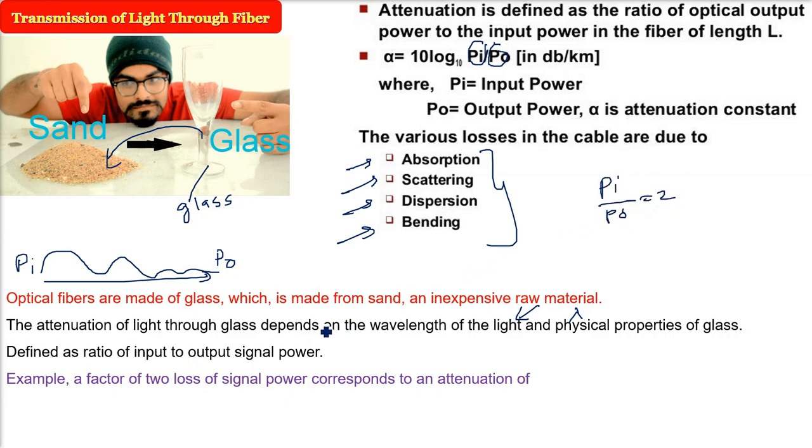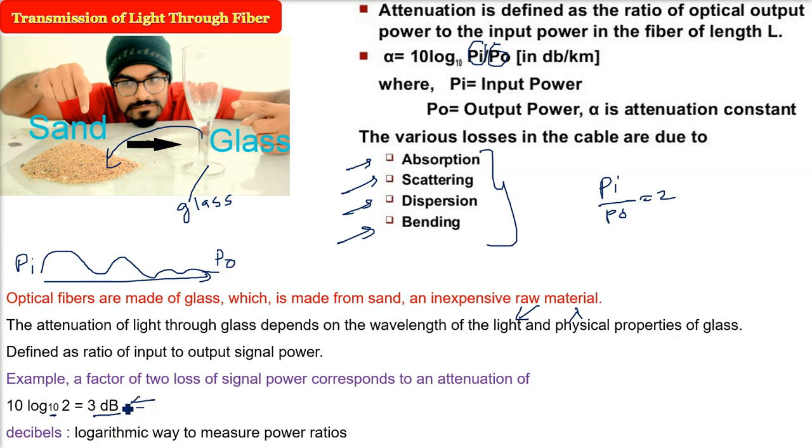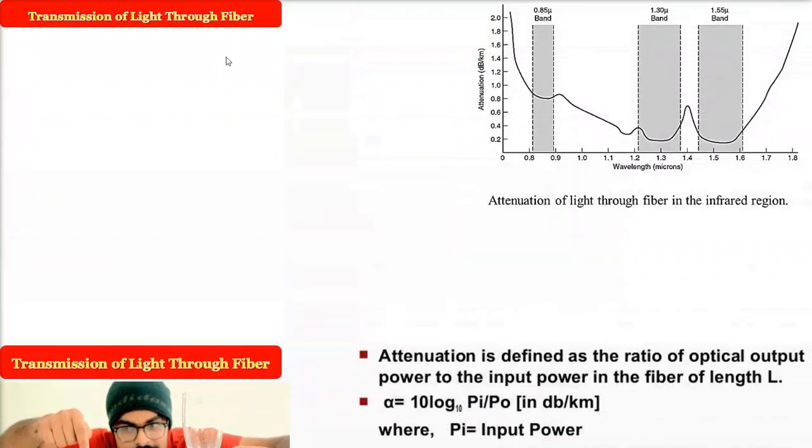Let us say Pi by Po is 2, a factor of 2 loss of signal power. What will be the attenuation? Attenuation in dB is 10 log 10 of 2, which is around 3 dB. I will explain the decibel in detail, but right now it's a logarithmic way to measure power ratios. So 3 dB is a loss of a factor of 2 in power.